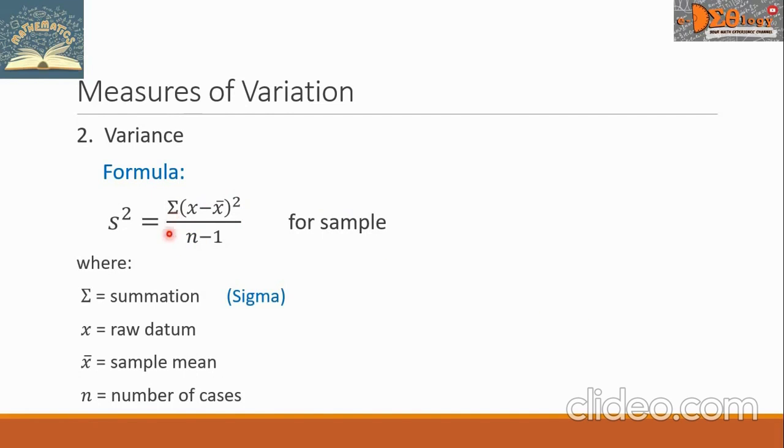This symbol is the summation, that is the capital sigma. The x is a raw datum. X bar is the sample mean. And this n is the number of cases.